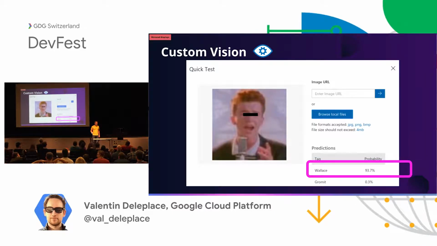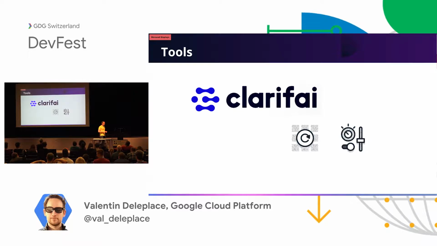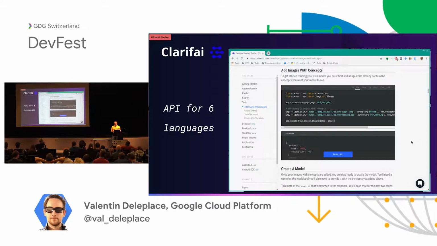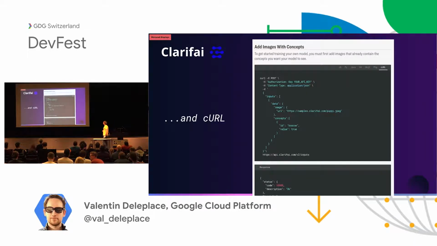Okay, next tool. Clarifai is another competitor. So as with Machine Box, they don't have a web UI to train models. It's all based on client libraries for 6 languages. The 6 languages being JavaScript, Python, Java, C#, Objective-C, and PHP. And there is a curl option, which I'll be using right now in the screenshots, of course.